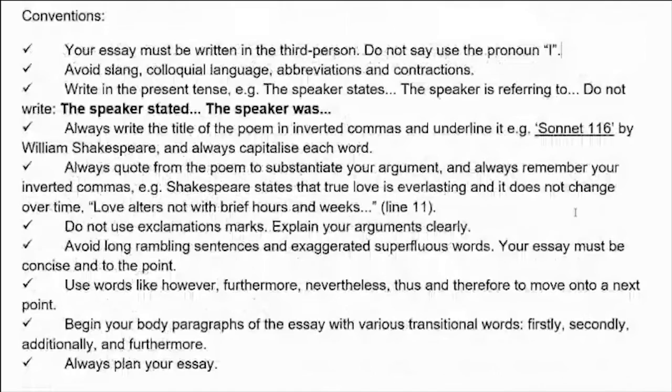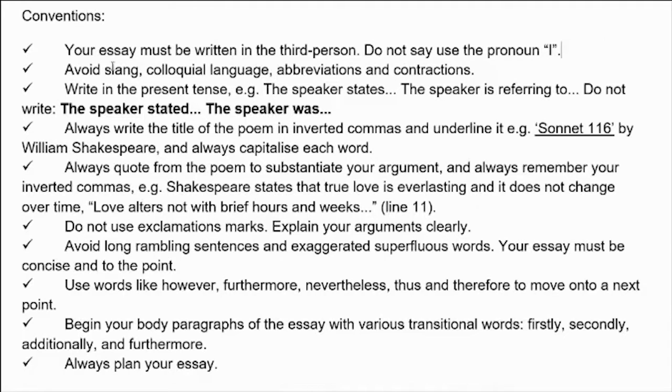The minute you use personal pronouns, you are being subjective. This is an argumentative essay. You need to provide your opinion about the topic or your argument without being personal or subjective. You base your argument on facts and evidence from the poem. We'll go through that as I go through the example of the poem.